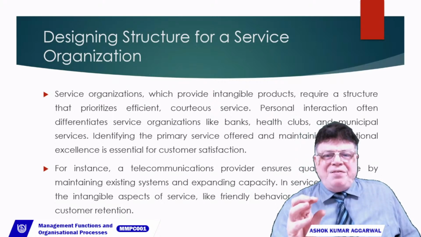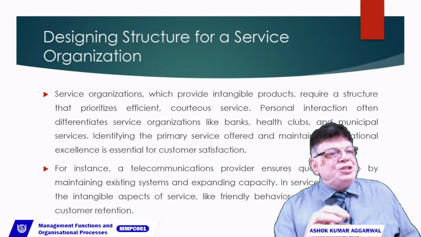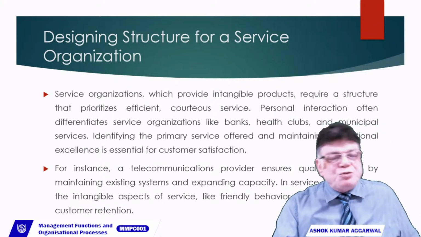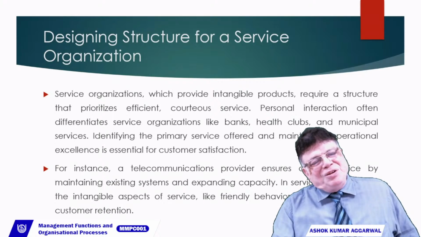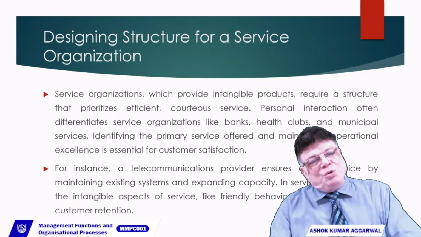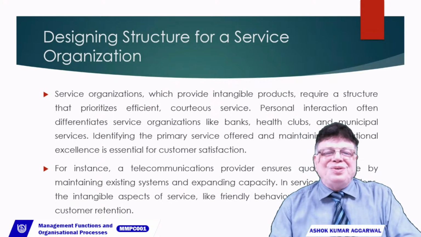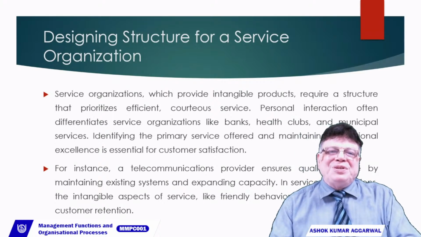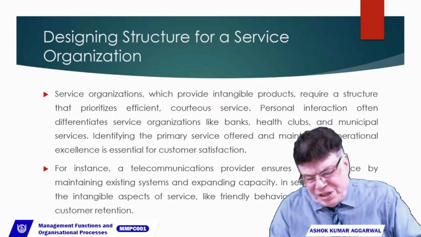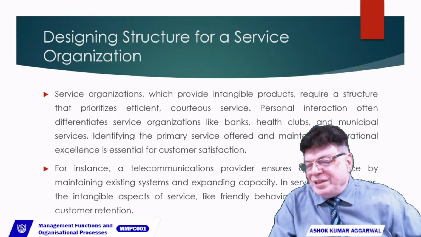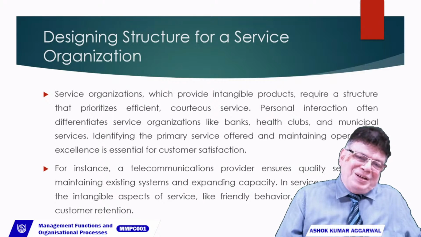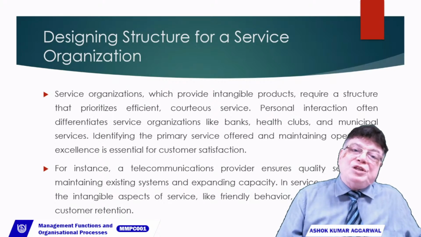Now they will make each state a zone. Say Maharashtra zone, Gujarat zone, Bihar zone, Rajasthan zone, Haryana zone, Punjab zone. All these will be headed by the zonal managers. Normally they are of the rank of general manager.